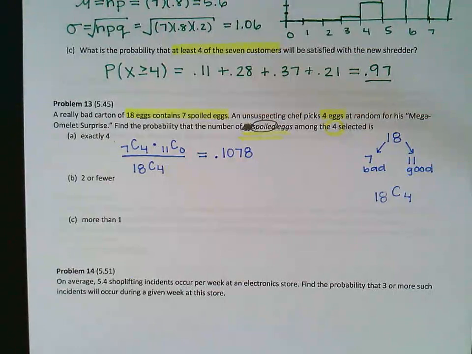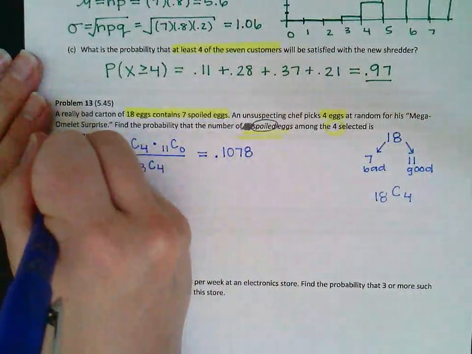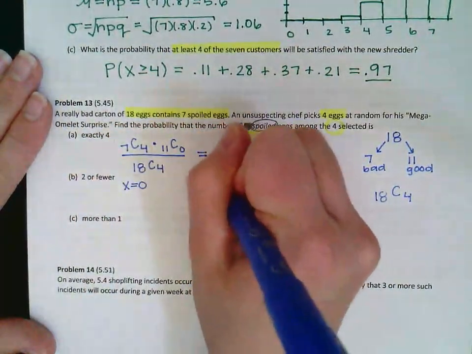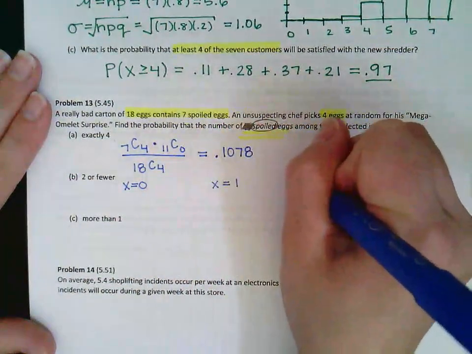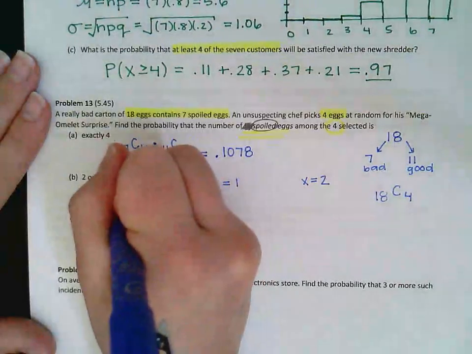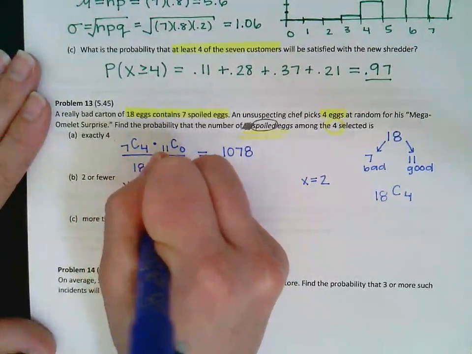All right, looking at number 2, 2 or fewer would be the outcomes x equals 0, x equals 1, or x equals 2, right? So all of these denominators, again, have this 18 choose 4.